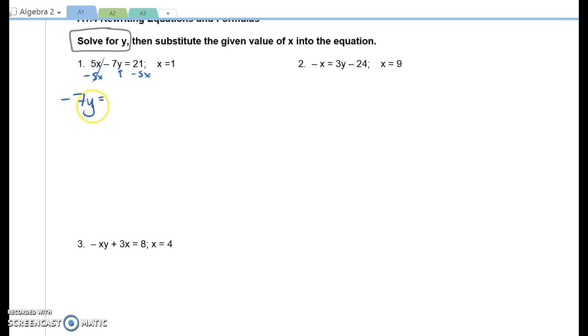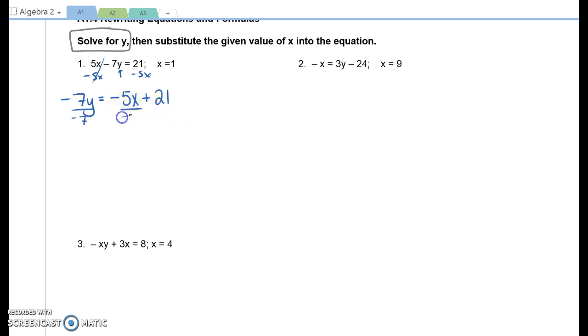Am I allowed to combine negative 5x and 21? No, they are not like terms. So we have negative 5x and positive 21. What should I do now? Divide by negative 7. And some of you have gotten into the habit of just doing one big division thing under the entire right side.